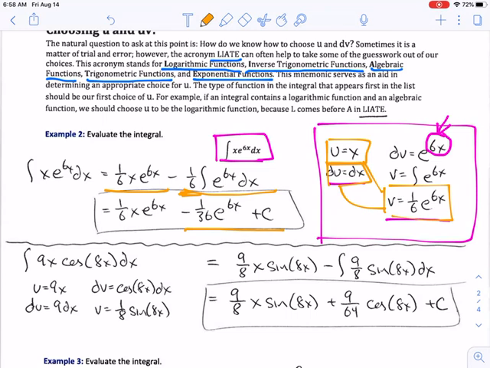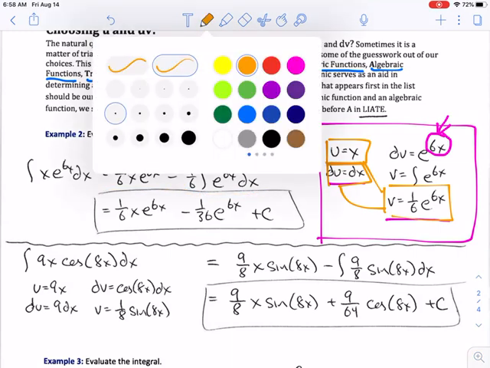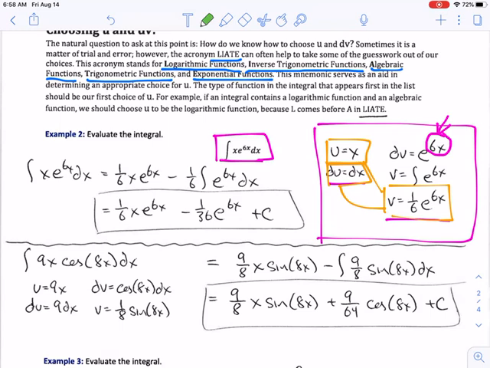Now you need to find the antiderivative, once again, of this part. You did that over here. It's going to end up being the same thing. So the antiderivative of e to the 6x is 1/6 e to the 6x, times the 1/6 gives you 1/36 e to the 6x.